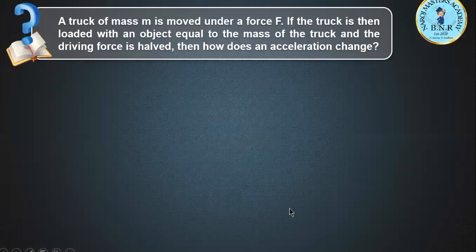Now we'll see the difference between these two. Before that, we'll solve one problem. A truck of mass m is moved under a force F. The truck is then loaded with an object equal to the mass of the truck, and the driving force is half.